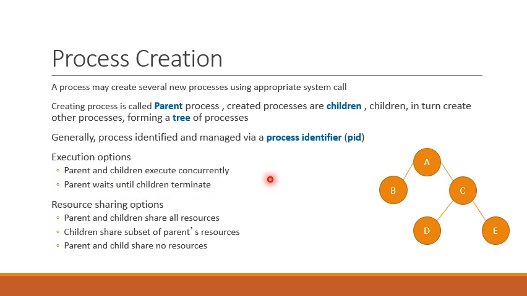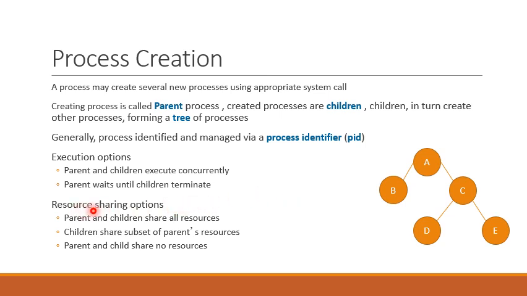For example, if process A has created two processes B and C, then process A will wait until both B and C finish their execution. After they have finished, process A will continue its execution.